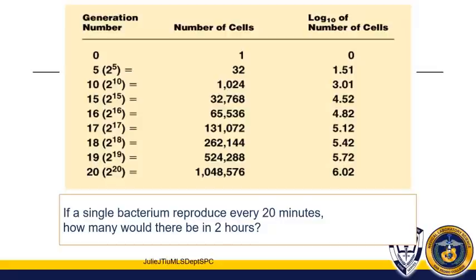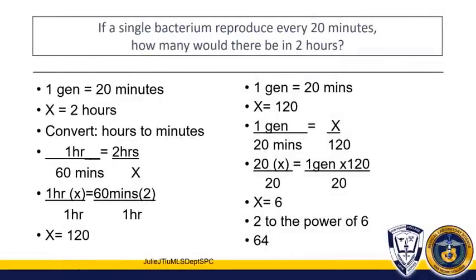Let's try this case. If a single bacterium reproduced every 20 minutes, how many would there be in 2 hours? So here the generation time is already given, which is 20 minutes.